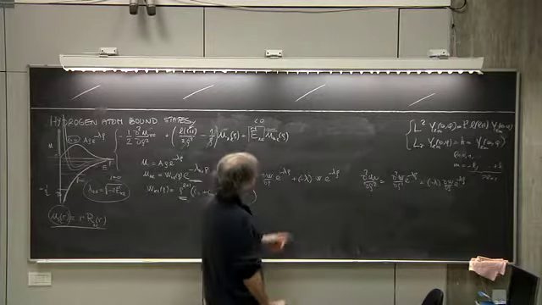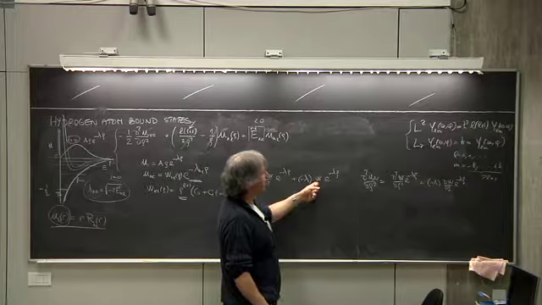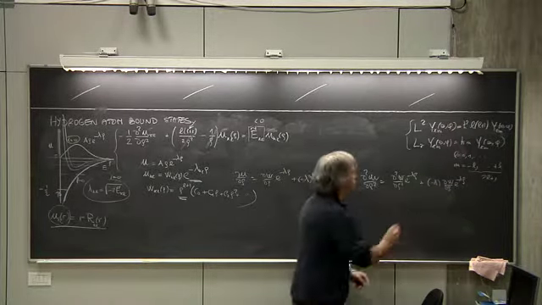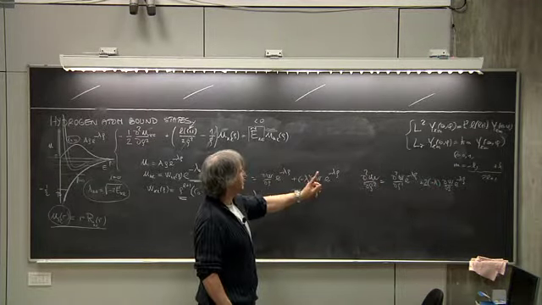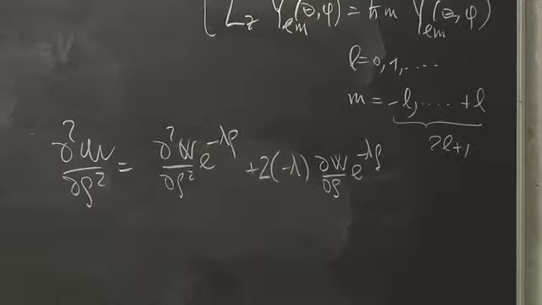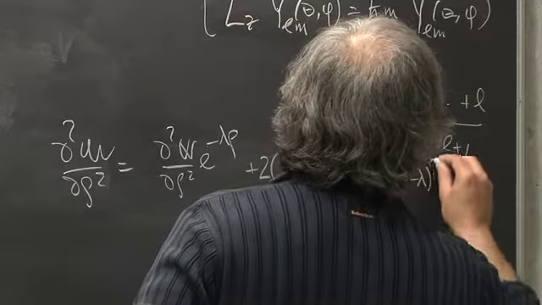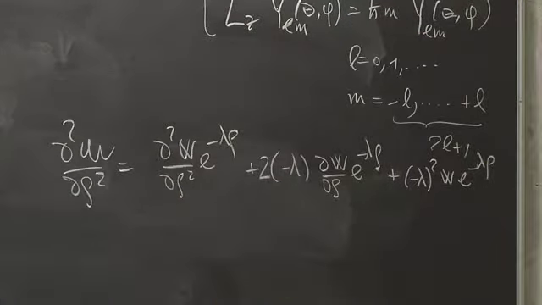Okay? Then let's take the second term. When I take the derivative of W, I get exactly a term like that again. So there is a factor 2 here. And finally, I can take the derivative of that, and I get this time a lambda square, minus lambda square W e to the minus lambda rho. Is this clear to everybody? It's very simple.